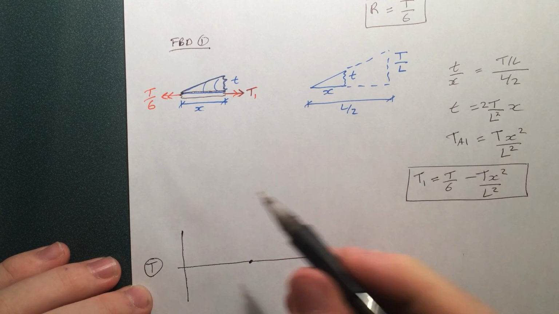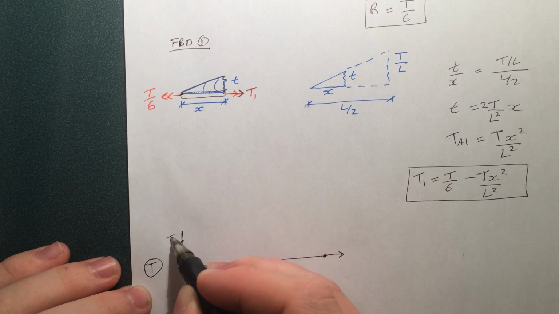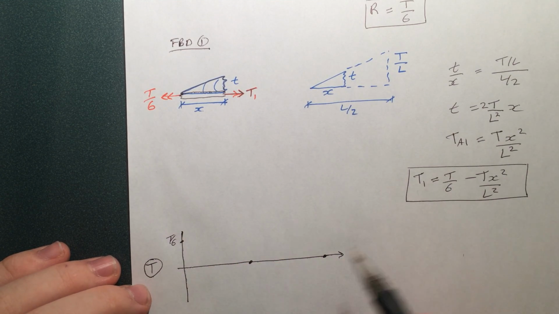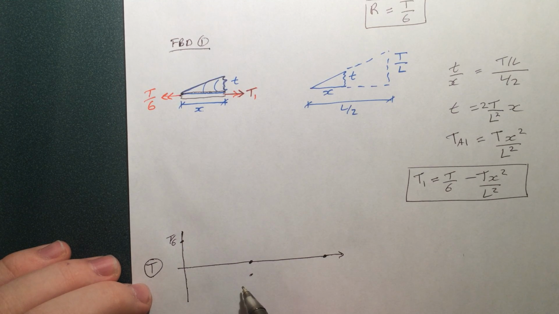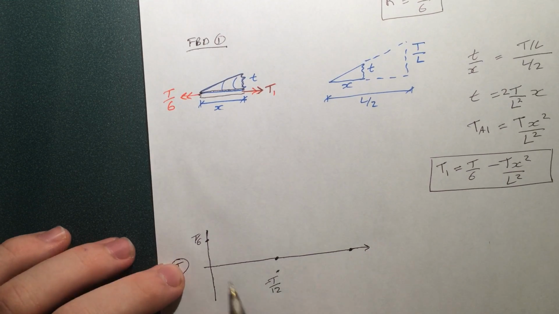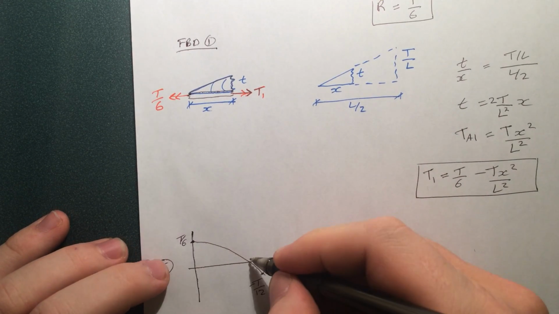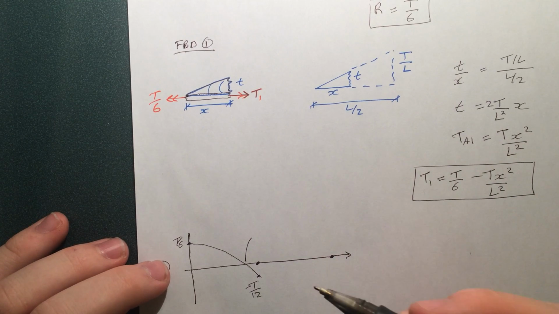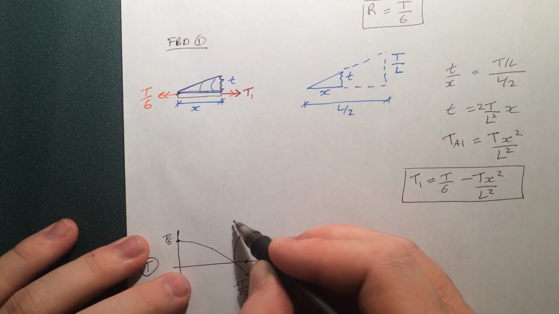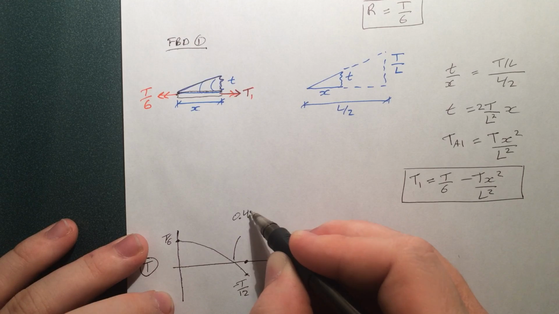T1 starts at T by 6. It goes down quadratically to a value of negative T by 12. I won't go through it at this point to prove it, but I'm going to tell you, it meets 0 at approximately 0.4 L.